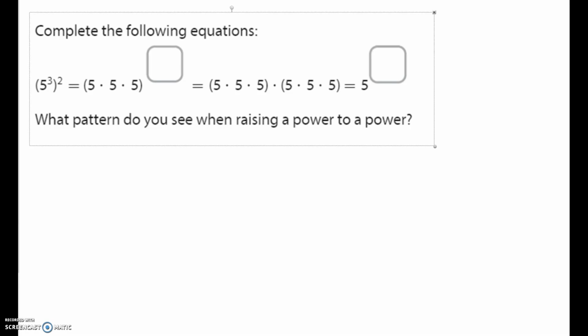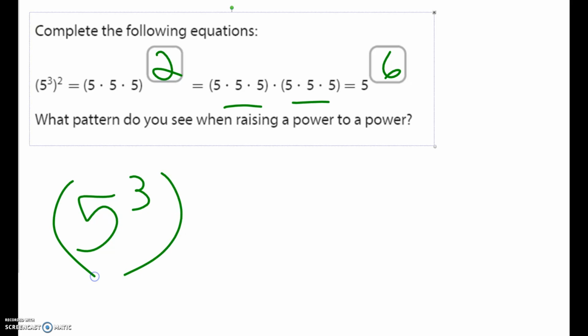And this one, raising a power to a power. Well, 5 to the 3rd would be 5 times 5 times 5, and I'm squaring that whole thing. So that means I need to multiply 3 5's by another 3 5's, which is what I did here, which gives me 5 to the 6th. So how did we have 5 to the 3rd raised to the 2nd power equals 5 to the 6th?